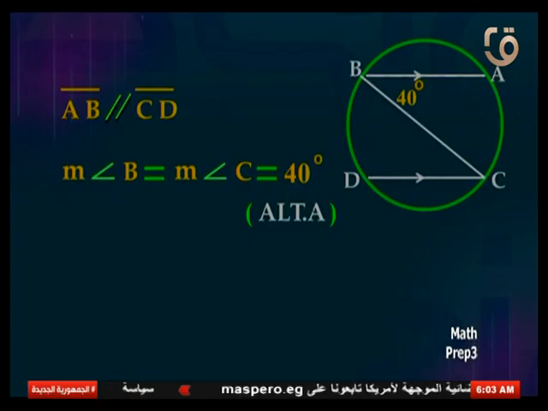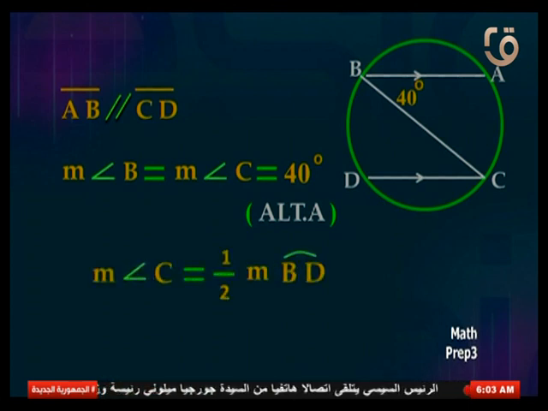Angle C, which kind of angles is it? It is an inscribed angle, which is angle BCD. So what is the relation between the measure of the inscribed angle and the arc subtended to it? The measure of the inscribed angle is half the measure of the arc subtended to it.